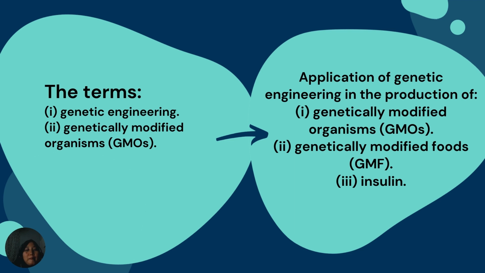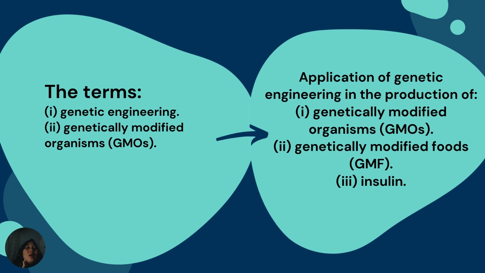And then genetically modified organism is something that is being produced. Apabila kita sudah modified sesuatu genetik itu, dia akan menghasilkan genetically modified organisms. Okay, and then we already look at this application of genetic engineering dalam 3 benda ni: genetically modified organism, genetically modified foods, and also insulin.